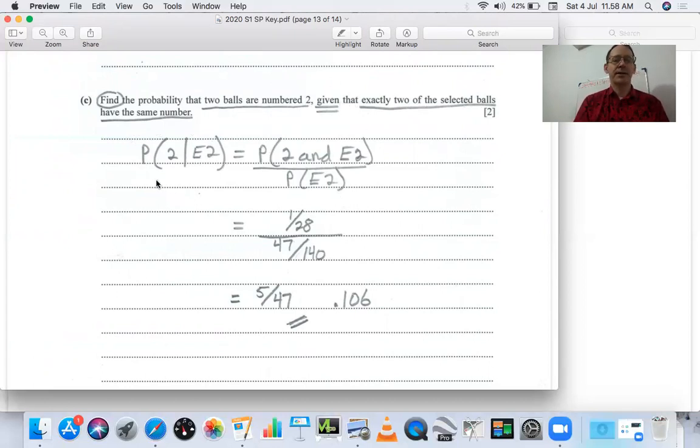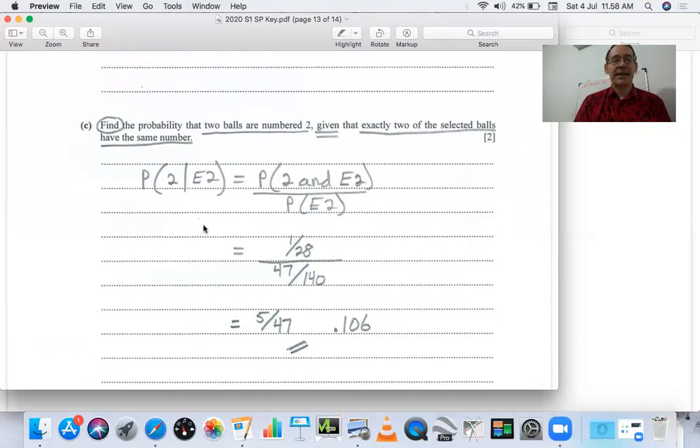So the probability that there are 2 balls numbered 2 given that there are exactly 2 balls with the same value. So your formula is the probability of the intersection of the 2 with the exactly 2 being the same, over the probability that there's exactly 2.